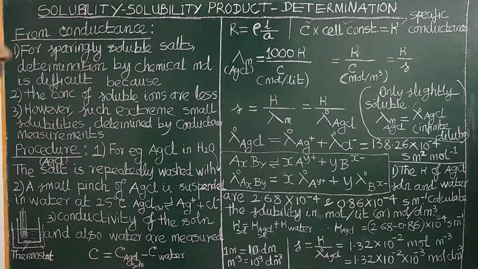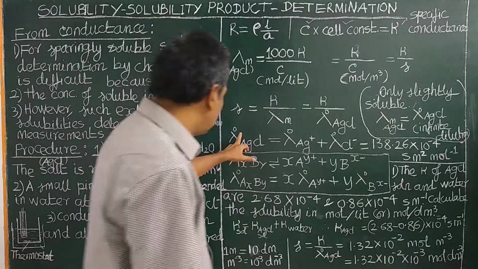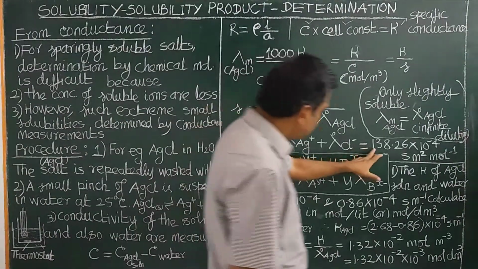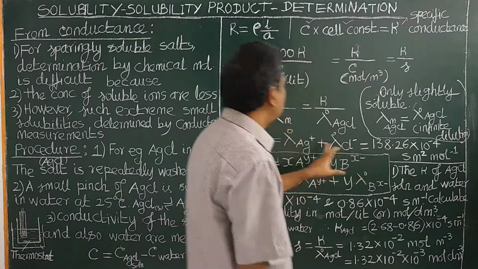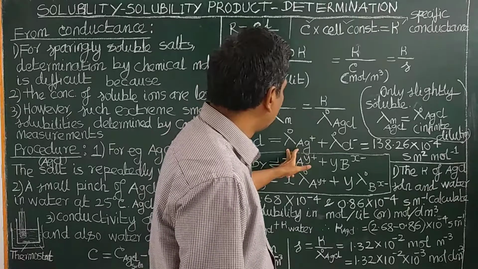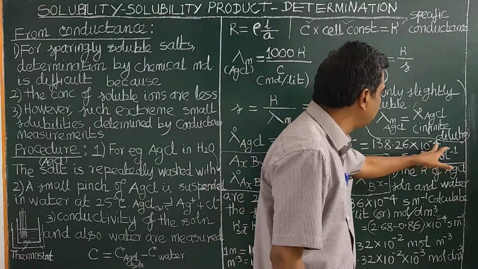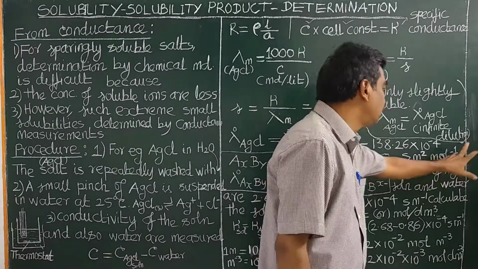Kohlrausch's law is used to calculate lambda naught AgCl. It is given here: you sum up the conductance of Ag plus and Cl minus to give 138.26 into 10 power minus 4 Siemens meter square per mole.